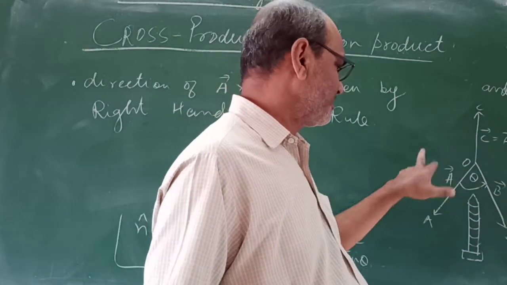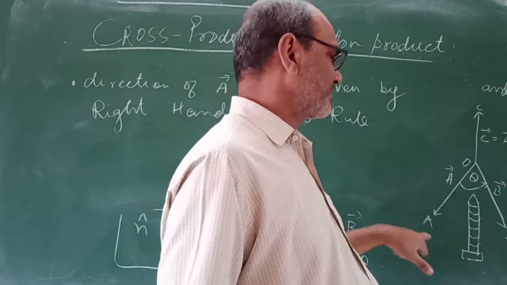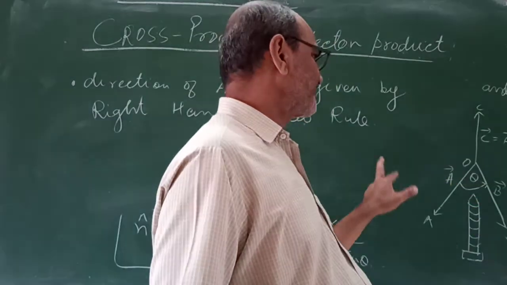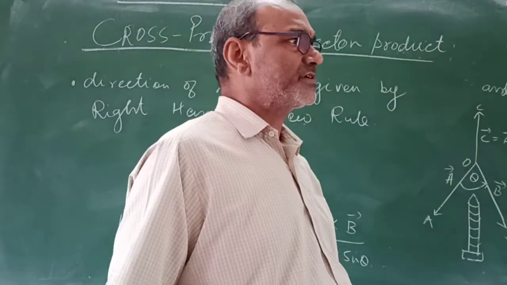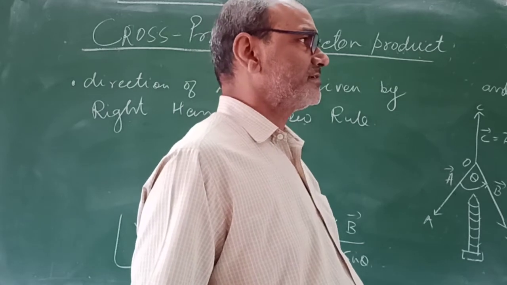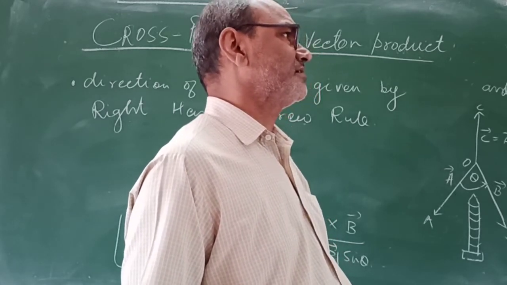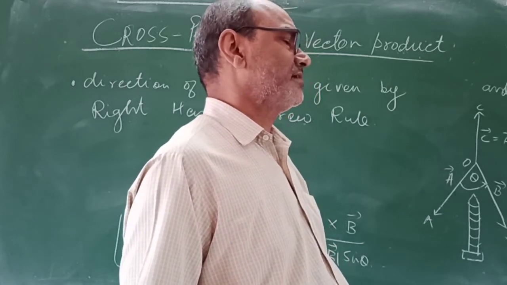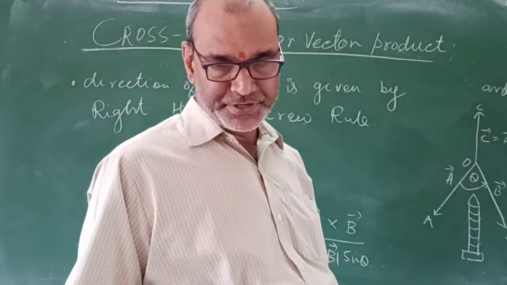If it rotates in the anti-clockwise direction, then its tip gives the direction of the resultant vector C or R, A cross B.